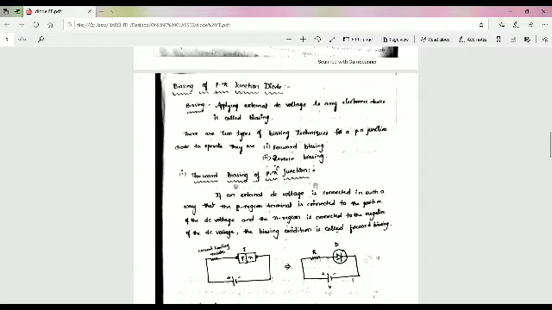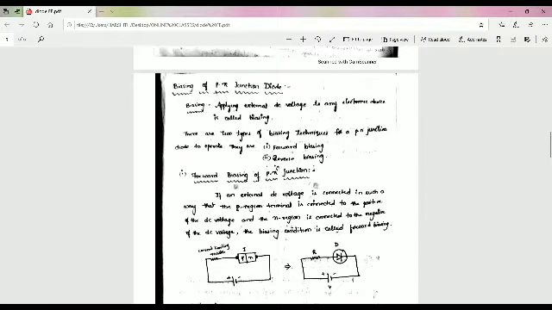This is shown. This is the PN junction diode with the ohmic contacts P and N. The P region is directly connected to the positive terminal and the N region is directly connected to the negative terminal.